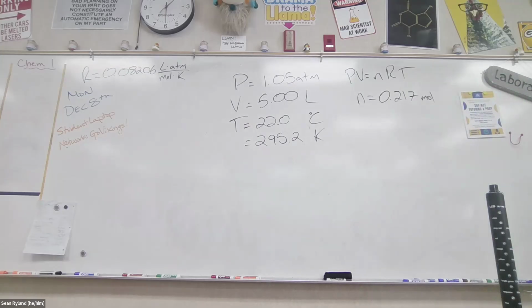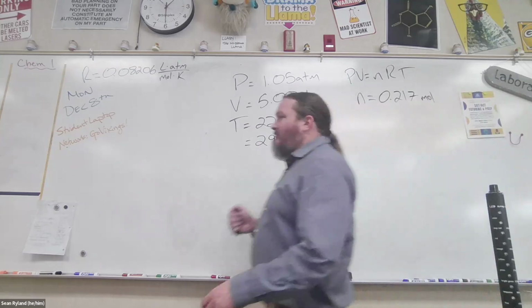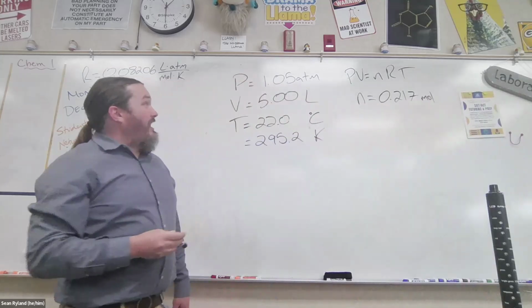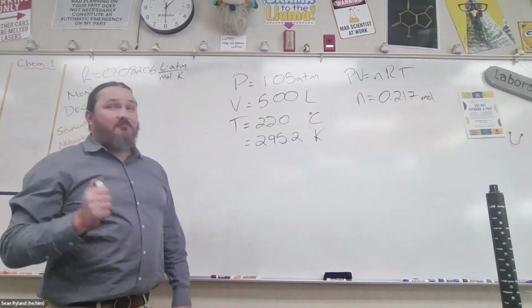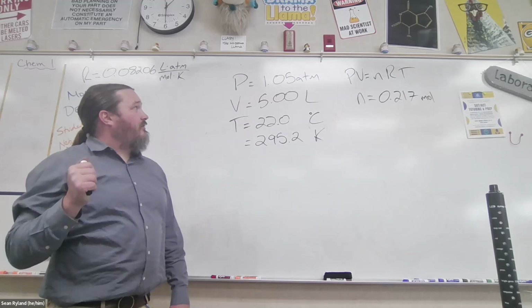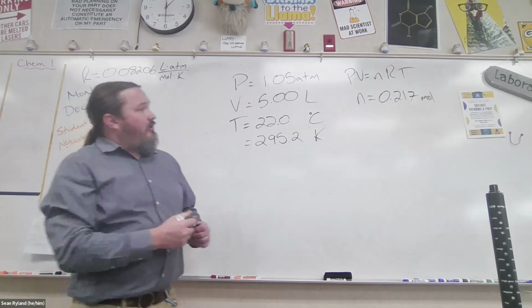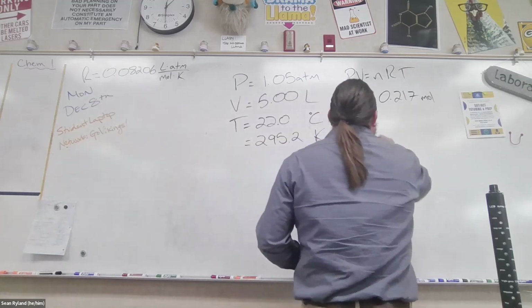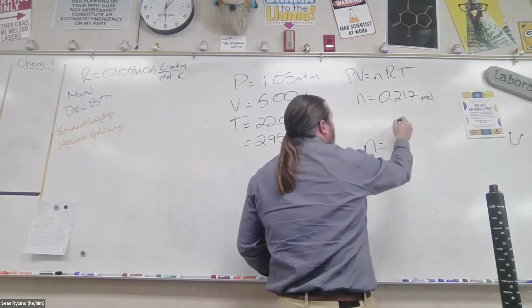Is that a reasonable number? 5 liters. How do we know if that's a reasonable number? Well, you could do it backwards and see if you got R. If you have everything plugged in, you can also just look at it.